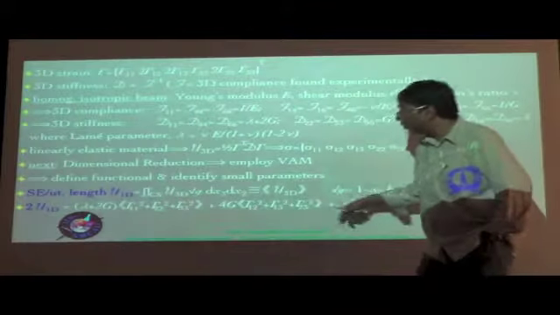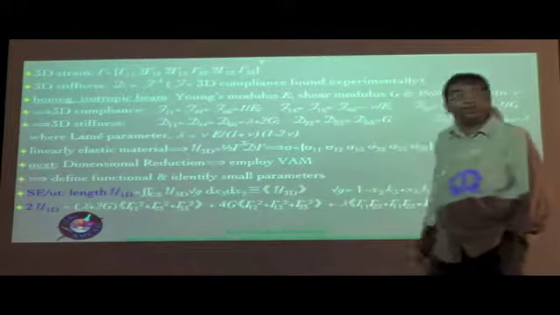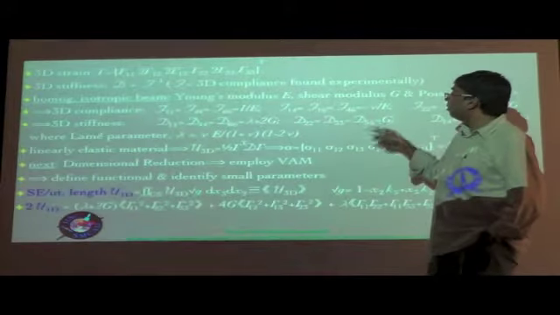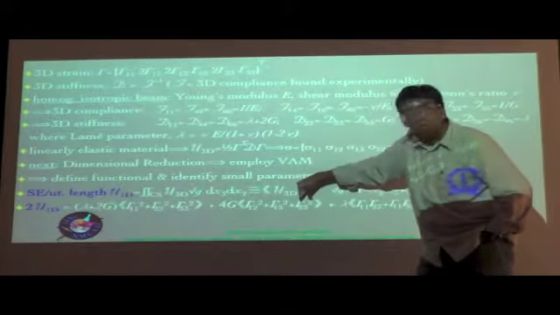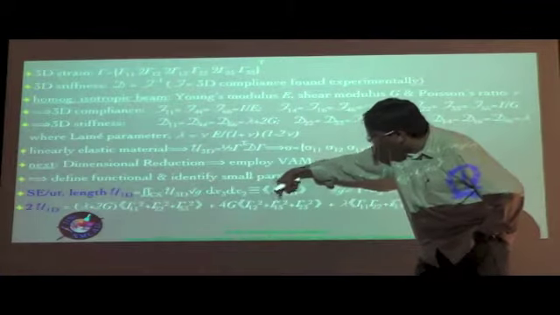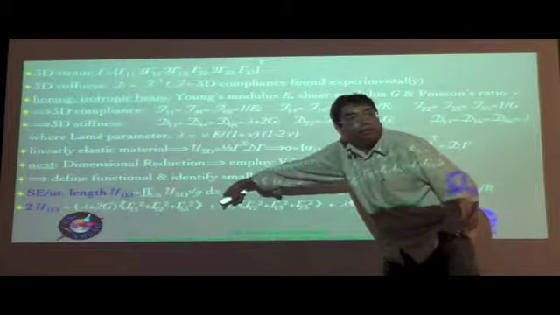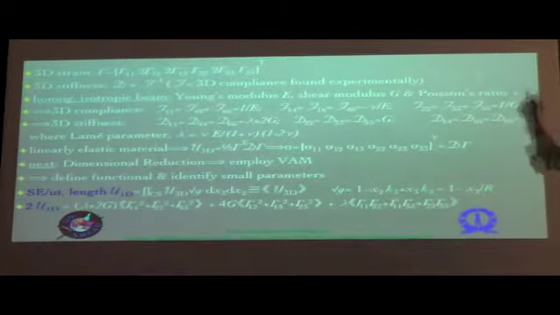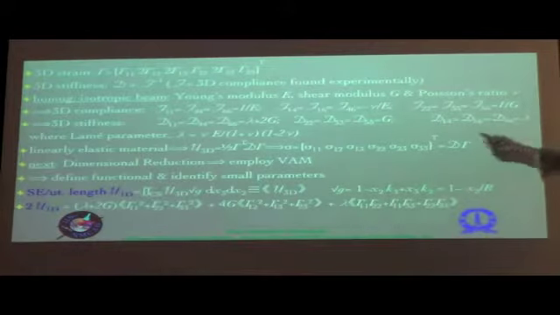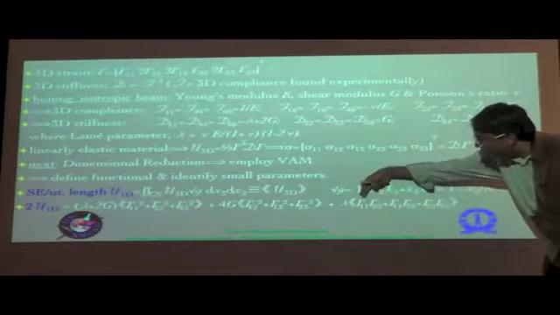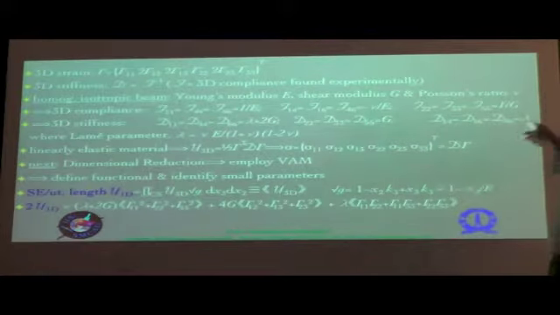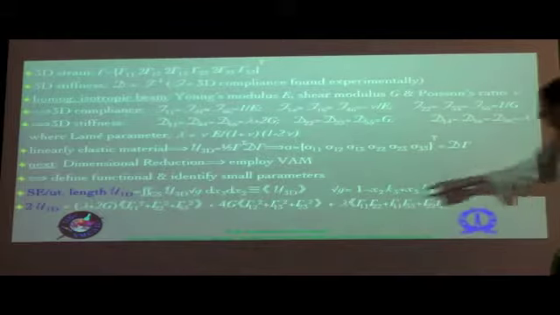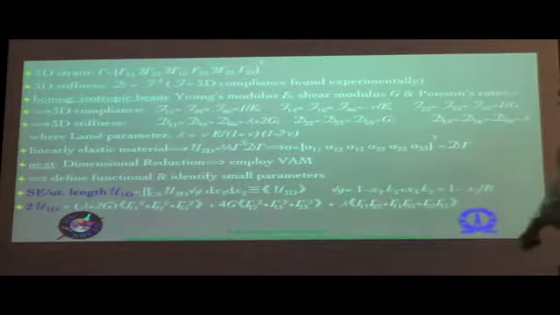Their squares would all be added up and they all have the same coefficient, which is coming from g, but because we have removed the factor 2 here, 2 gamma 12, 2 gamma 13 and 2 gamma 23 along with the square, so 2 squared is where the 4 is coming from. Next we have the last term, which is the interaction terms between the normal strains. The normal strain combinations are 11 22, 11 33 and 22 33, and for all of them it's the same coefficient, which comes out as lambda.